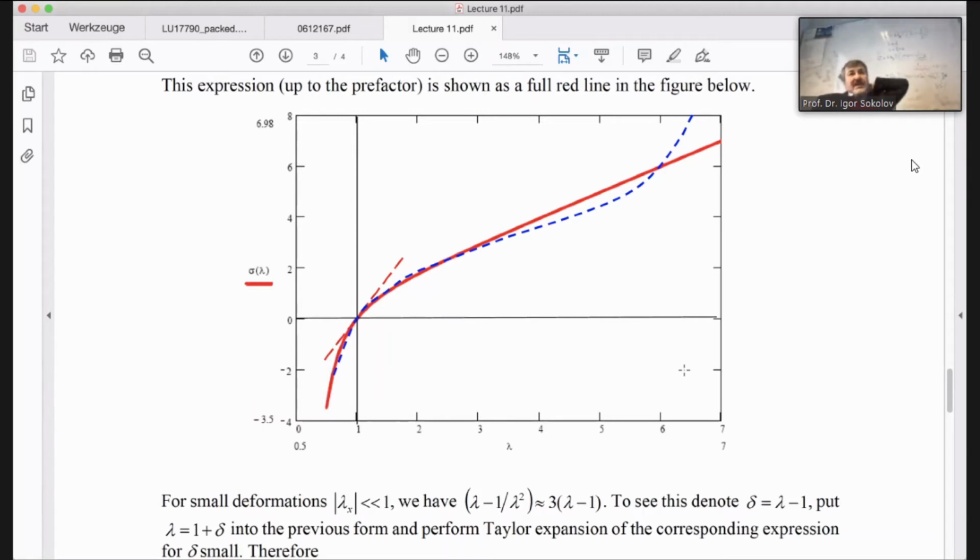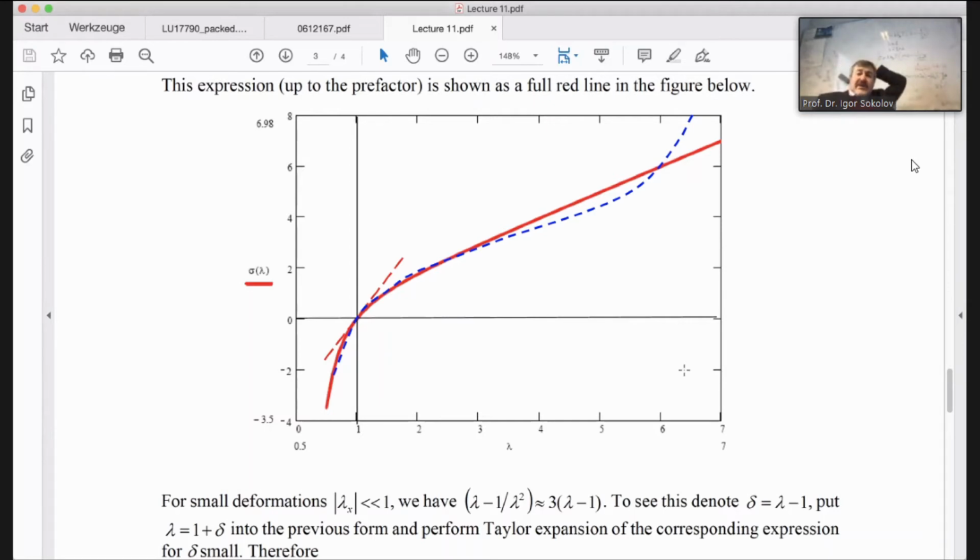And then it starts to break down. Now, we will discuss why it breaks down at small concentration of crosslinks. This I will do tomorrow.